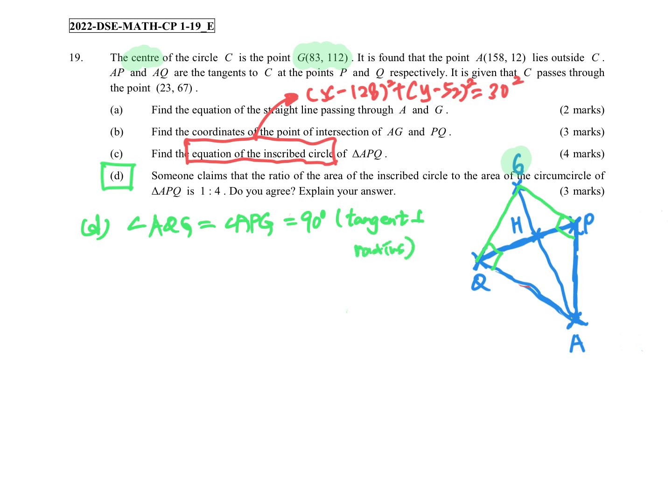Good. Alright, so we have a pair of opposite angles. Since angle AQG plus angle APG, this pair of angles are supplementary. So in that case, APGQ is concyclic.